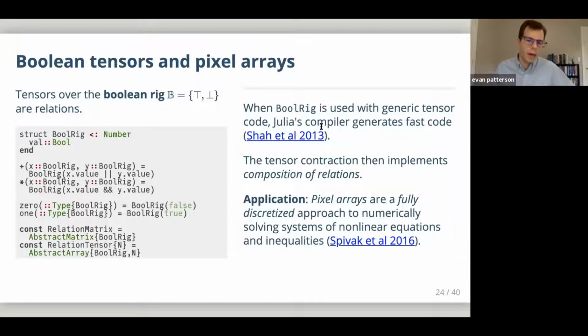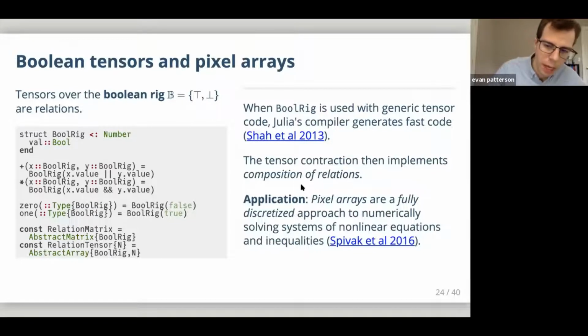So this is kind of neat. One of the advantages of working in Julia is that you can take generic tensor code, plug this in, and get the ability to compute with certain kinds of relations.